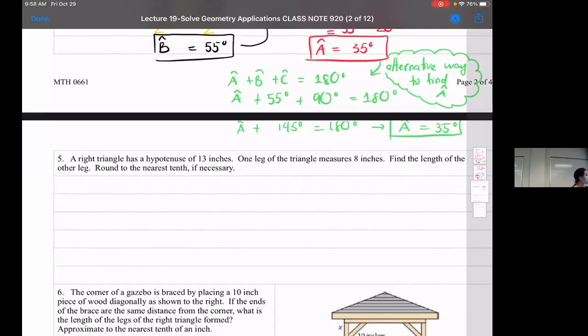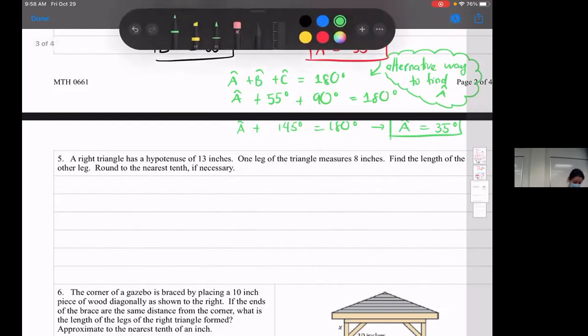Are we trying to find the perimeter? Find the length of the other leg. So what kind of triangle do they want you to draw?